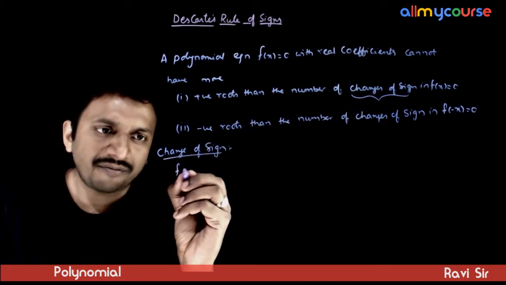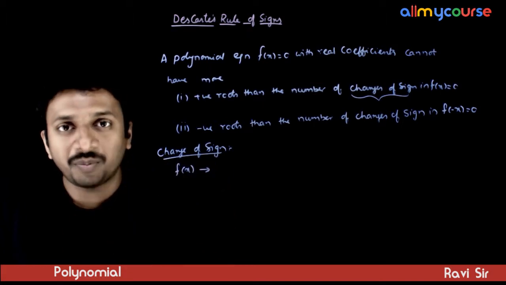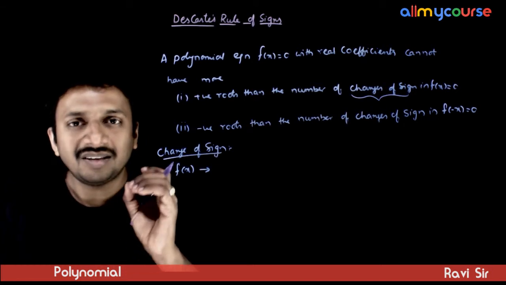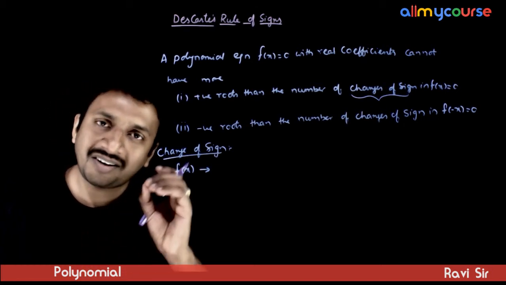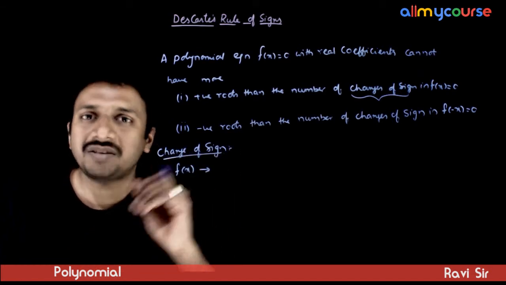So if you write the real polynomial f of x in the increasing order of the powers of x or decreasing order of powers of x, that is, you need to write in one specific order.